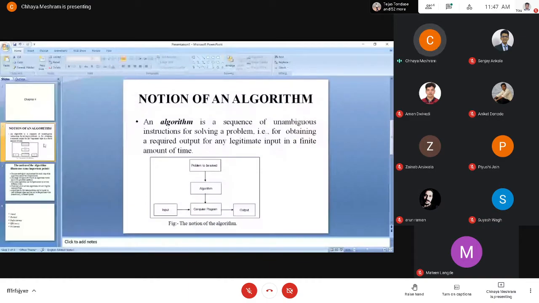An algorithm is written in English-like statements; there is no strict syntax for writing algorithms. So I write: input any two numbers, say A and B. In step 2, I write C equals A plus B. And in the next step, I write print the sum of A and B, that is, print C.